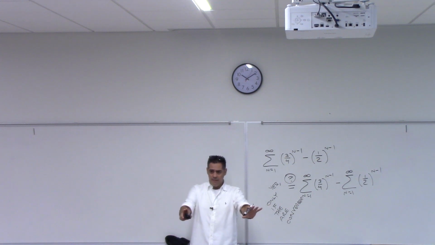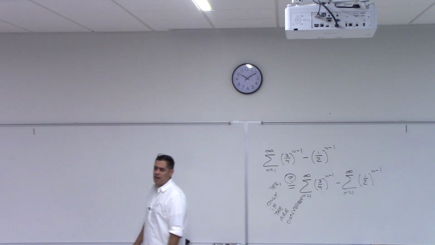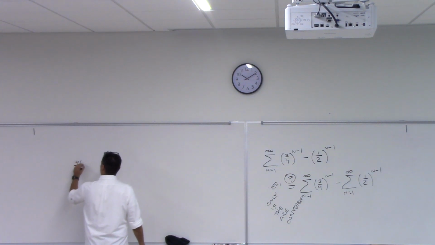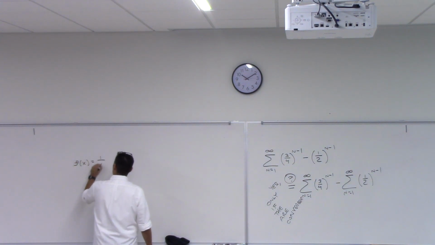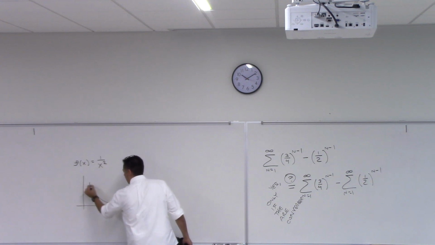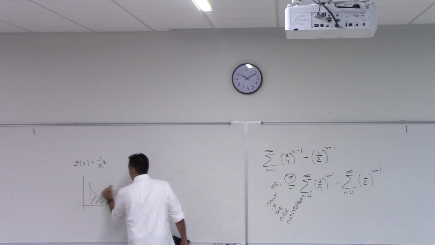So let's say that that is a finite area. The example we're looking at right now is the function f of x equals 1 over x squared. We did that in class, actually. This is a number, right? That area is a number.